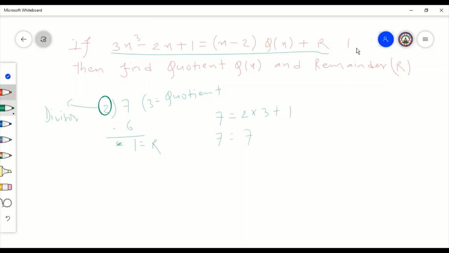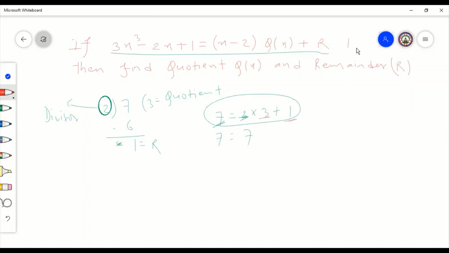Now look at this one part: this 7 we call the polynomial or dividend. This 2 we call the divisor. This 3 we call the quotient. And 1 we call the remainder.